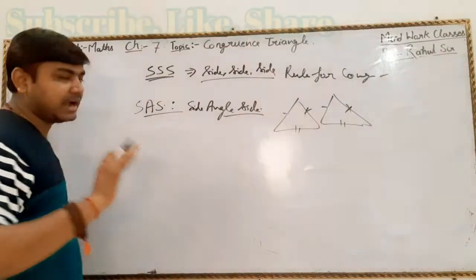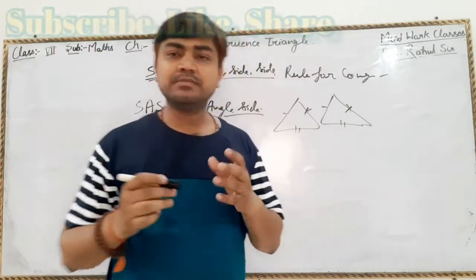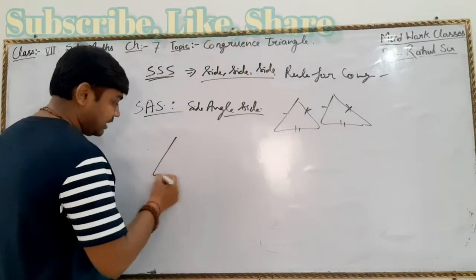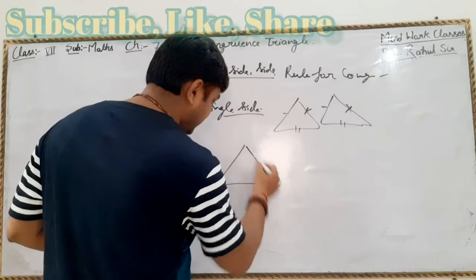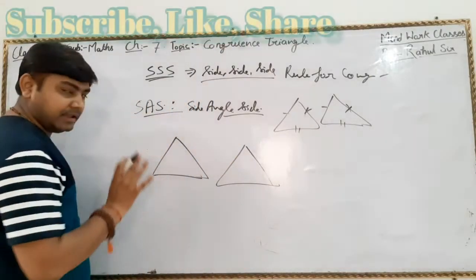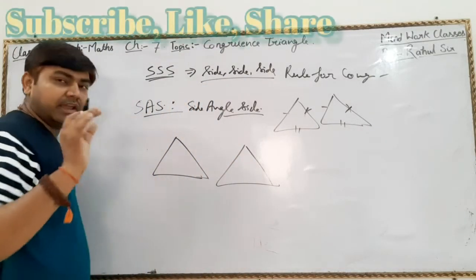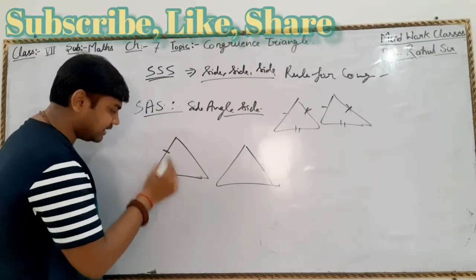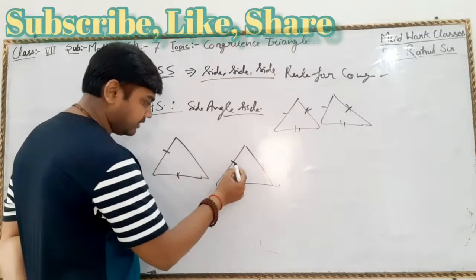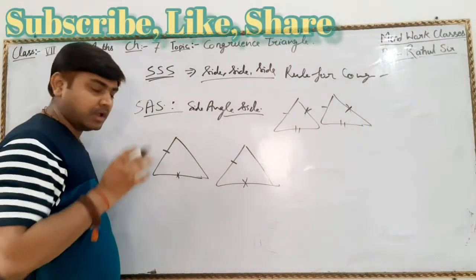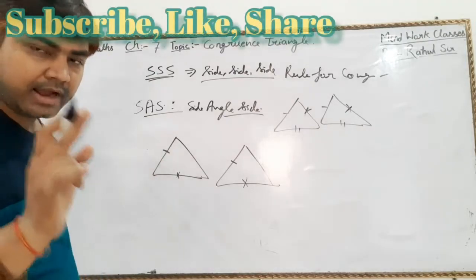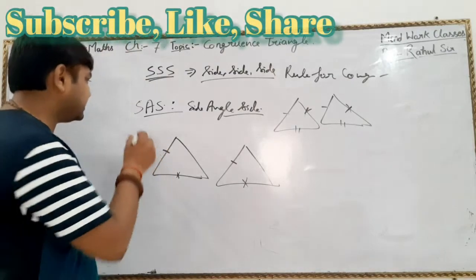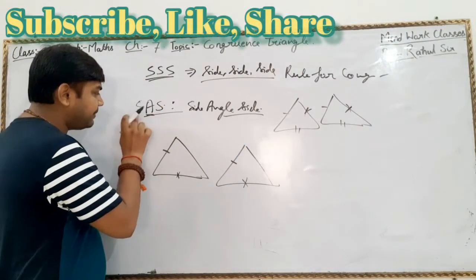It means that if in any two triangles, two sides are equal, let us say this one and this one, this and this, and the angle between those two sides is equal, look here, A is written between these two S.